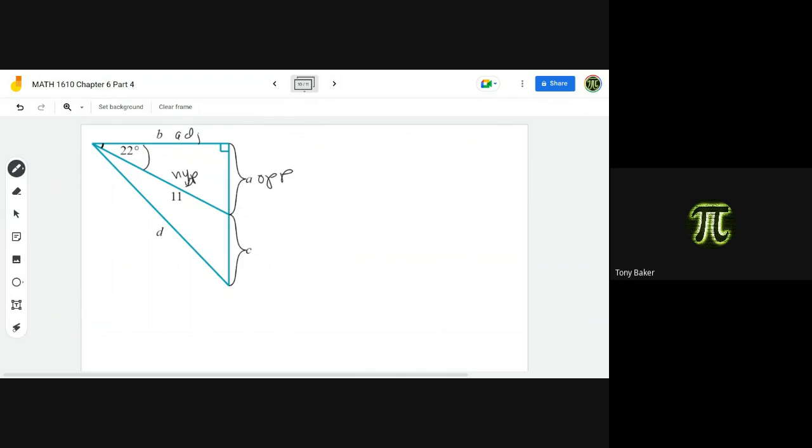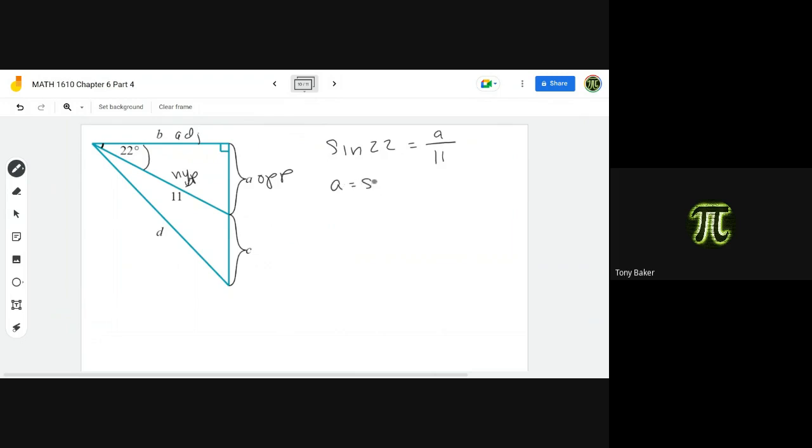So if we're looking for A, we're looking for the opposite, and I have my hypotenuse, right? So opposite and hypotenuse is which function? Sine.